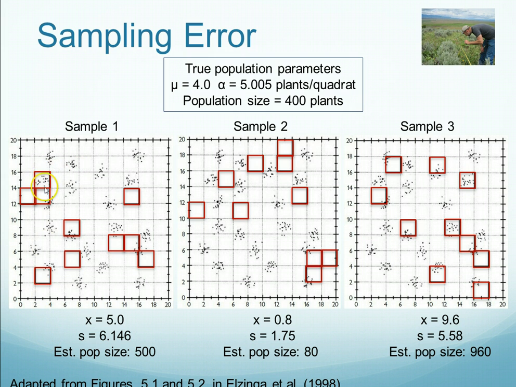And what we see here in these 3 samples is that just by the random location of the quadrats, we can result in very different estimates of the mean and also different precision of our estimates. These differences are due strictly to sampling error, just chance location of those quadrats.